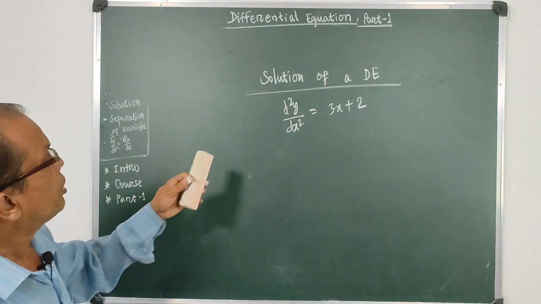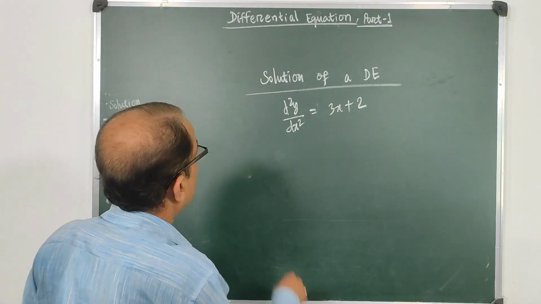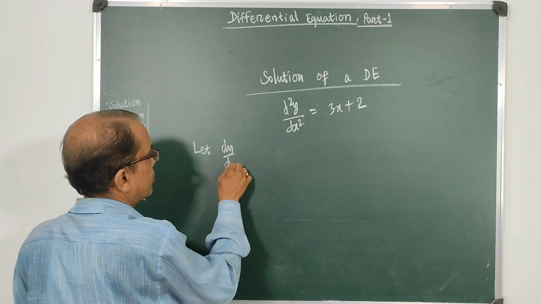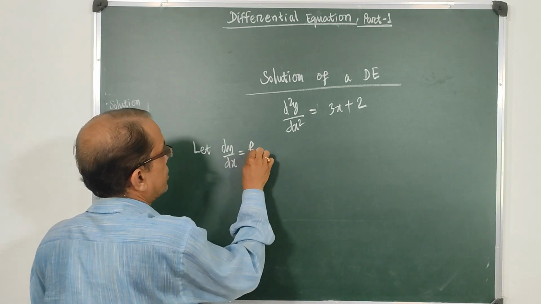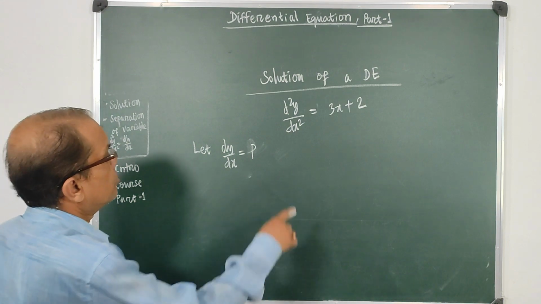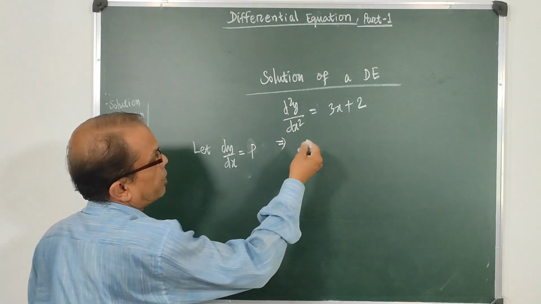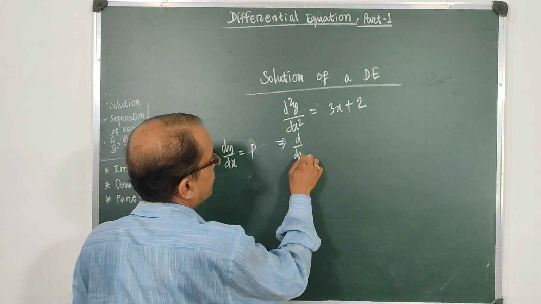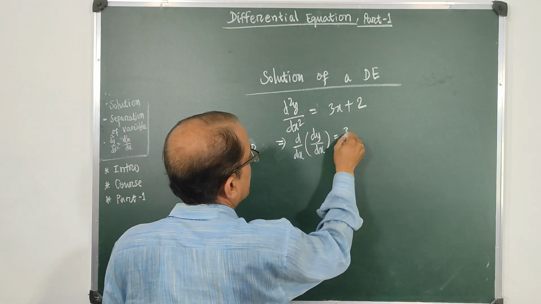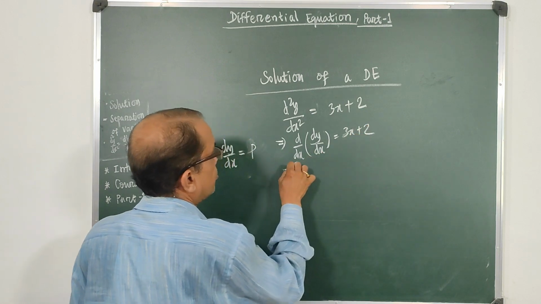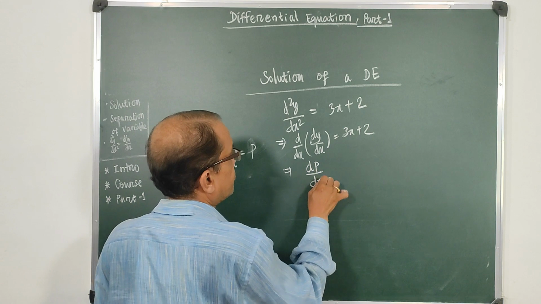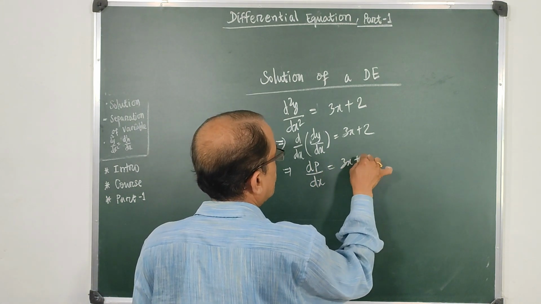In this we have a second derivative, so let us put dy by dx is equal to p, suppose p, another variable. Now on simplification this will be d by dx of dy by dx is equal to 3x plus 2. Since this is p, this will be dp by dx is equal to 3x plus 2.